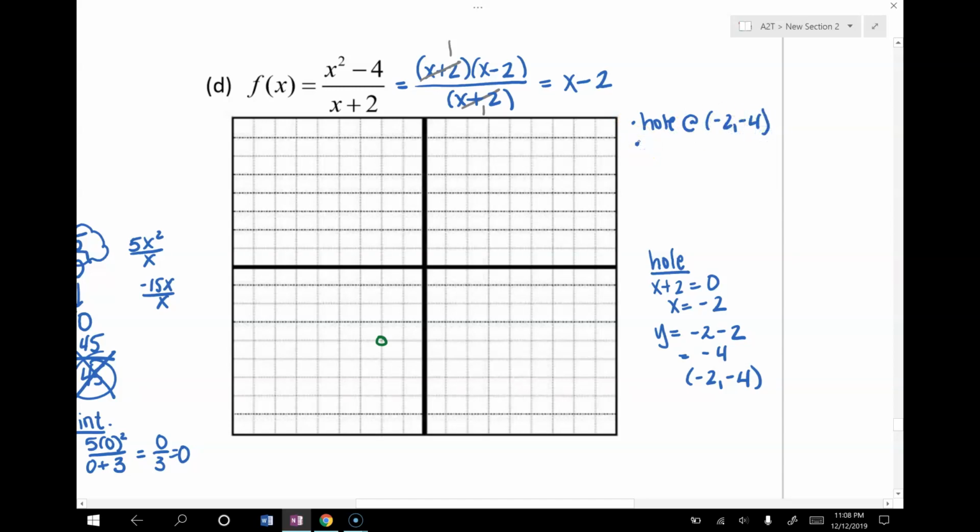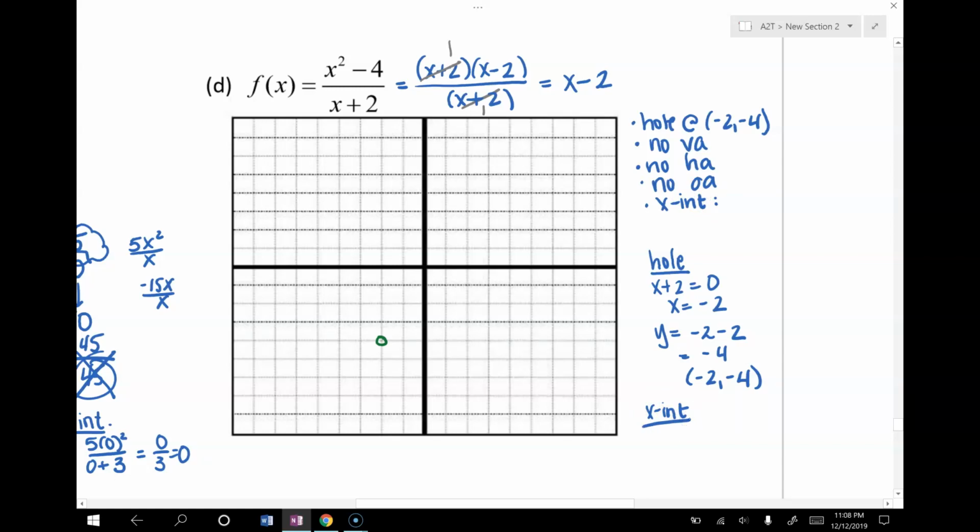And what's left is a linear function, x minus 2. It's in slope-intercept form. Slope of 1, y-intercept of -2. They don't have vertical asymptotes, which makes sense. The denominator is 1. They don't have horizontal asymptotes, and they don't have oblique asymptotes. They do have an x-intercept, so we can solve for that.